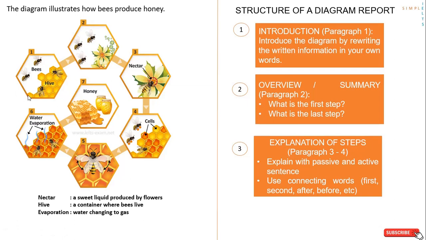Okay, that's why we can write in active sentence. Also, we should use connecting words such as firstly, secondly, or first, second, after, before, etc. Okay, that's the structure of a diagram report.